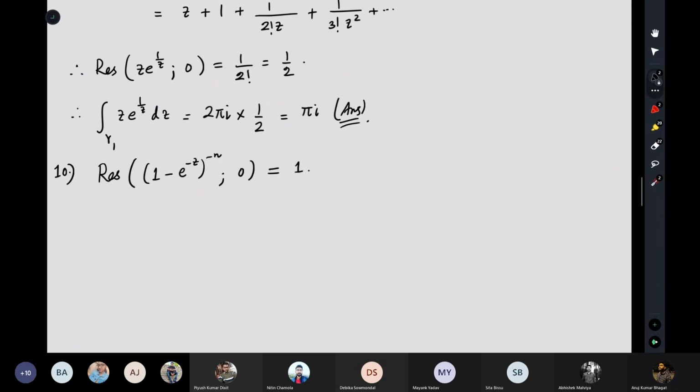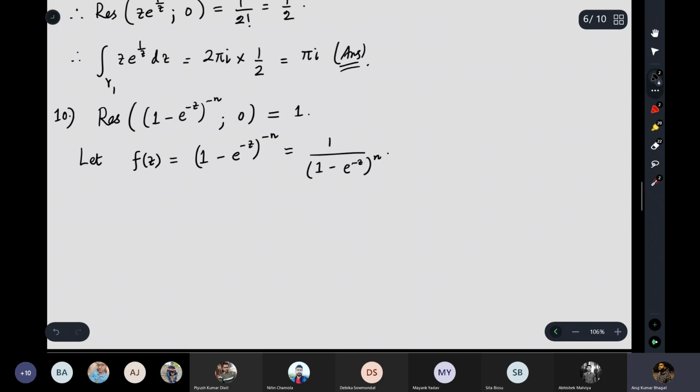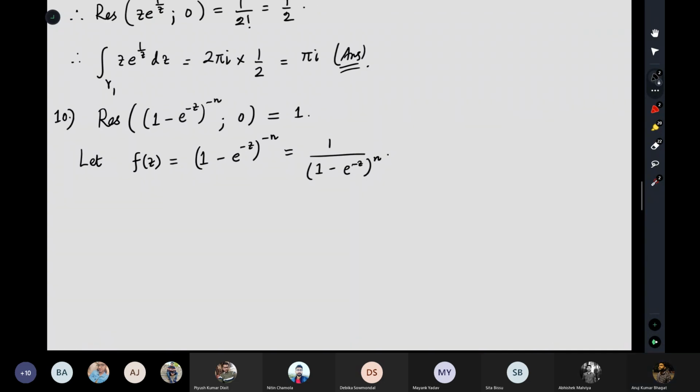First of all, let f(z) equal 1 minus e to the power minus z whole to the power minus n, which is 1 by 1 minus e to the power minus z whole to the power n. Can you tell me what are the singularities of this function?